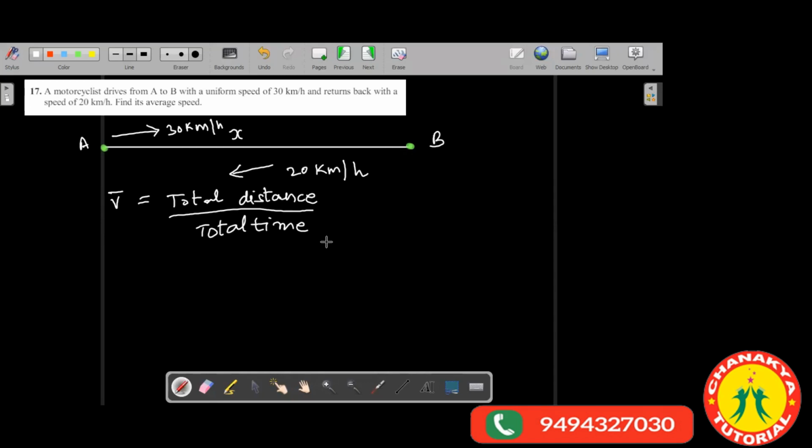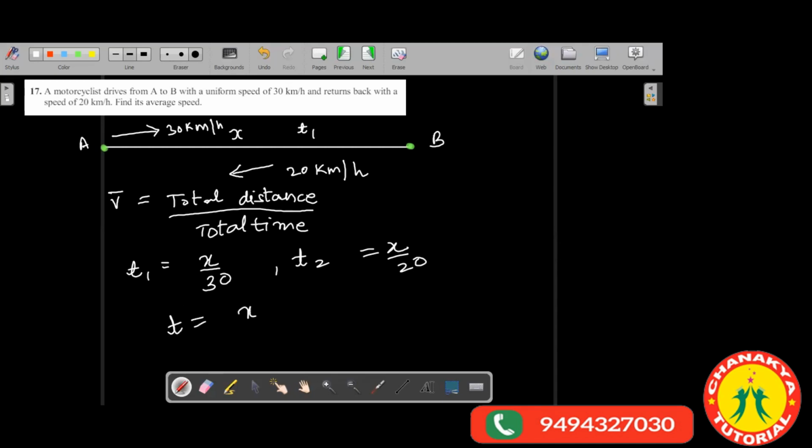Okay. See, we can find out the time that it will take from A to B. Let that time be T1. So this time T1 would be equal to x by 30. Then you have time T2, which will be equal to x by 20. That is the time for returning back. Right? Distance by speed, that is the time. So time while going, time while coming, you can find the total time.